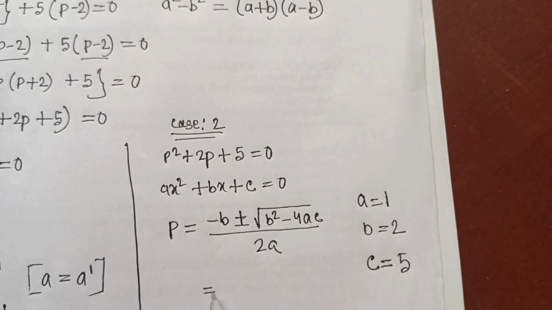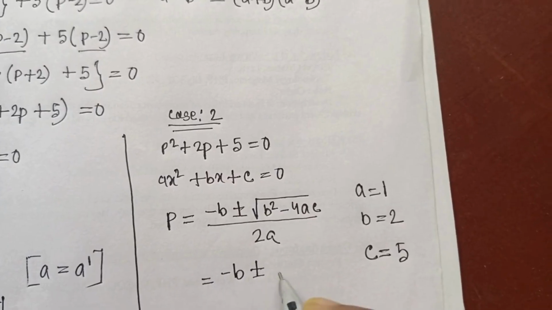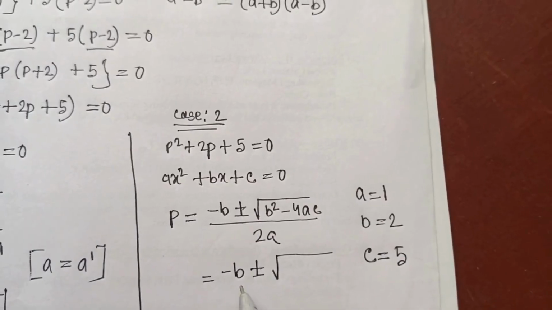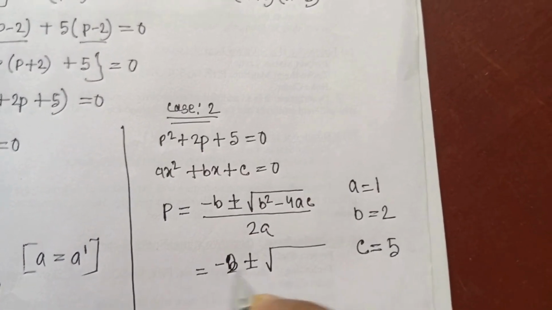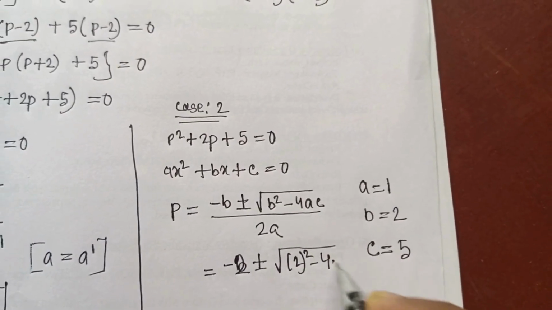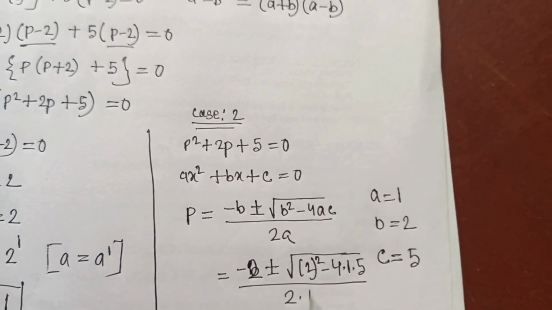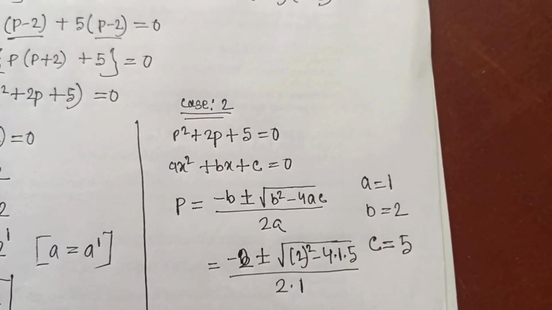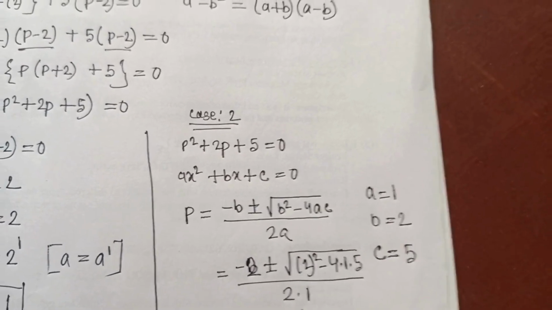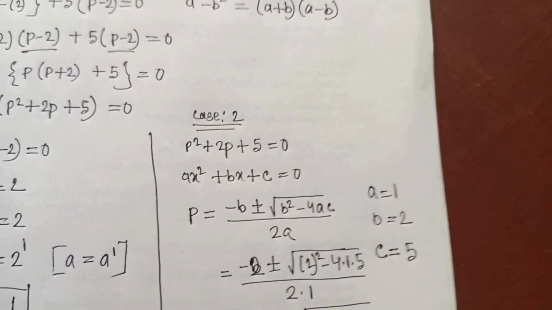So if we put here minus b plus minus root over b square minus 4ac, put here minus 2, 2 square minus 4 into 1 into 5 by 2 into 1. So the equation becomes p equals minus 2 plus minus root over 4 minus 20 by 2.